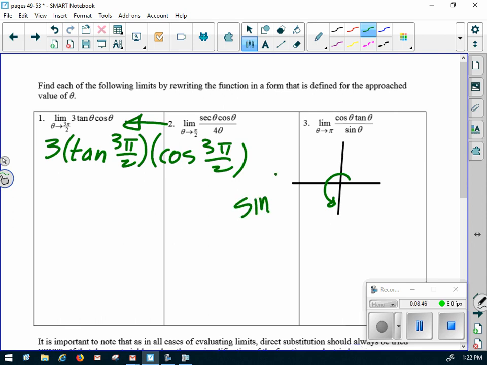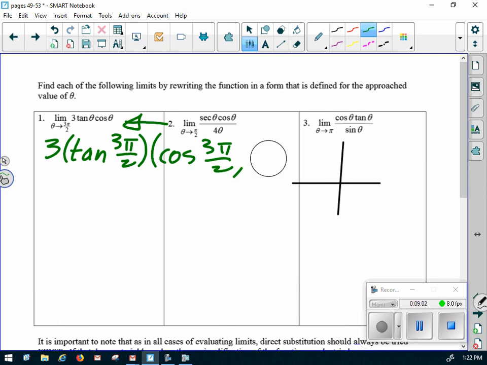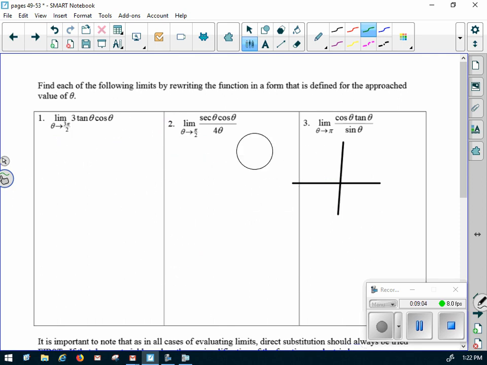Tangent of 3 pi over 2 is the sine of 3 pi over 2 divided by the cosine of 3 pi over 2. The sine is negative 1, the cosine is 0, undefined. So we've got to try something different, like the stuff you did in pre-cal.